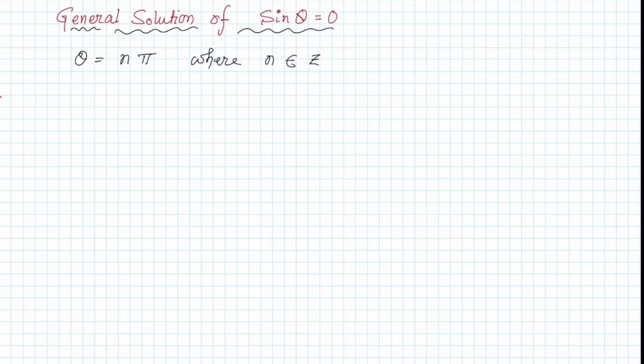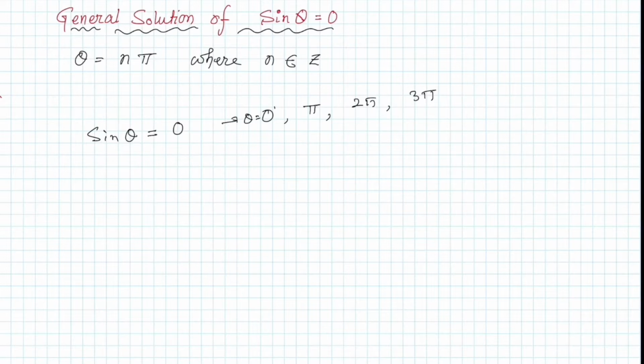Now you see, sine theta, its value is 0 at 0 degree, theta is equal to 0. It is 0 at pi. It is 0 at twice pi. It is 0 at thrice pi.